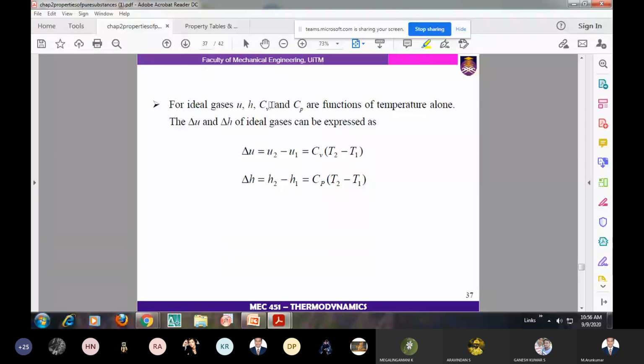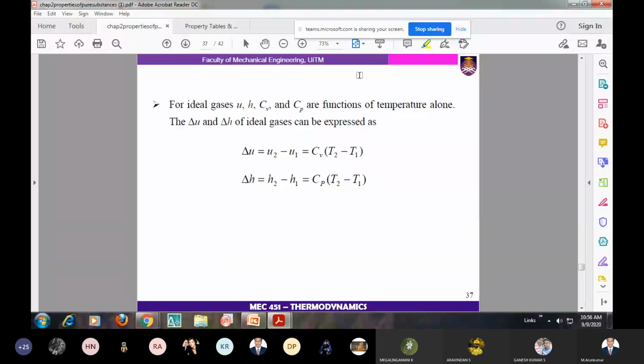Then we can write the change in internal energy and change in entropy for the ideal gas. Delta U is the final internal energy minus the initial internal energy, and this can be written as U2 minus U1 equal to Cv delta T.